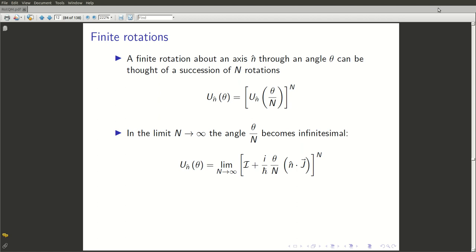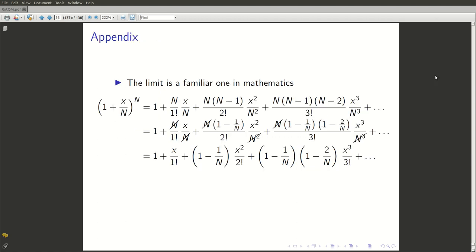Let us recall from elementary mathematics that (1 plus x by n) to the power n can be written down using the binomial theorem in this form: 1 plus n by 1 factorial times x by n, plus nC2, n into n minus 1 by 2 factorial, into (x by n) whole square, plus nC3 into (x by n) whole cube, and so on. Now, you have a power of x in every term and a corresponding power of n in the denominator, and we can try cancelling this out with the n's that appear in the nCr factors.